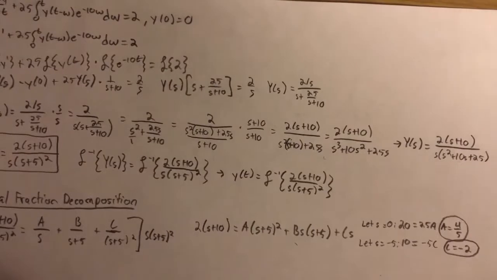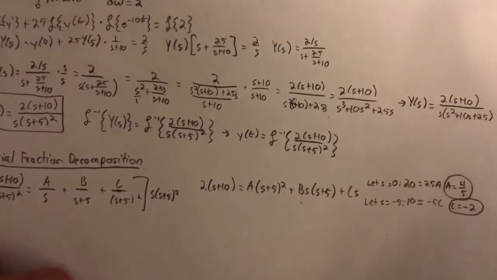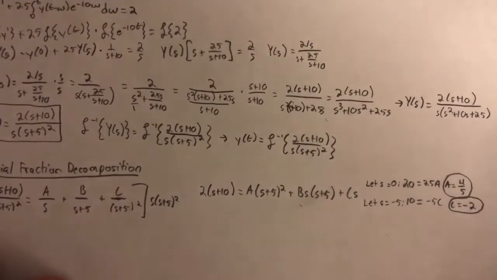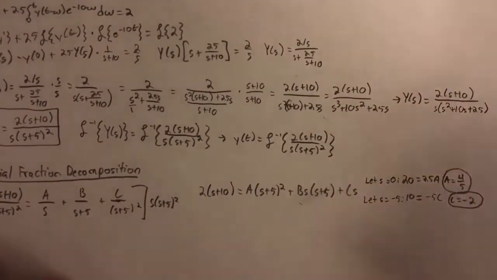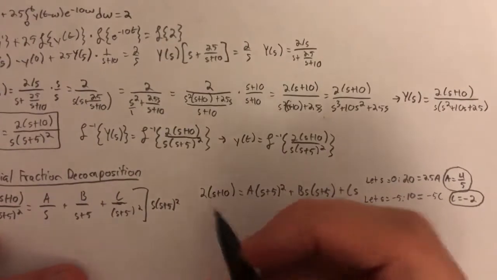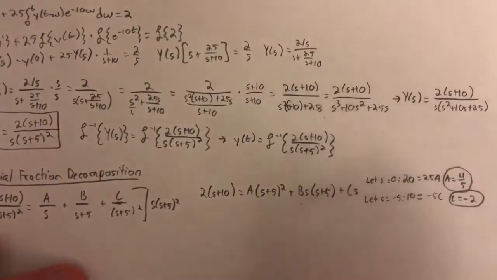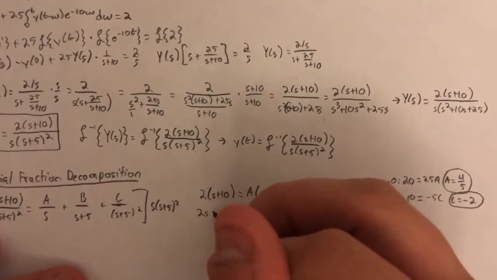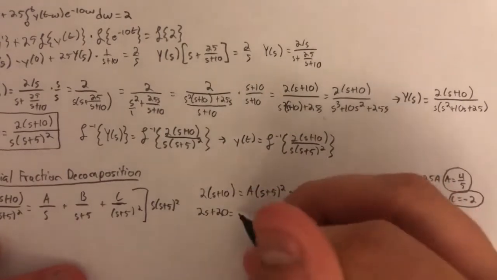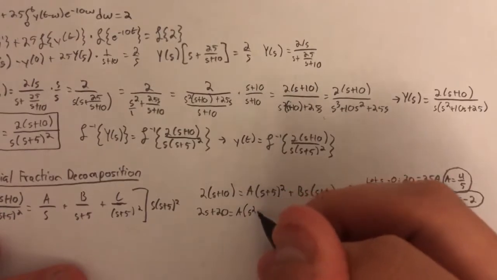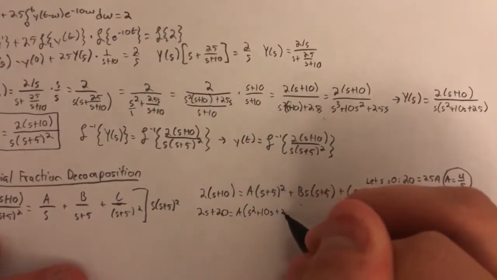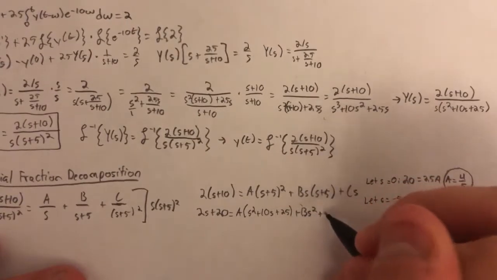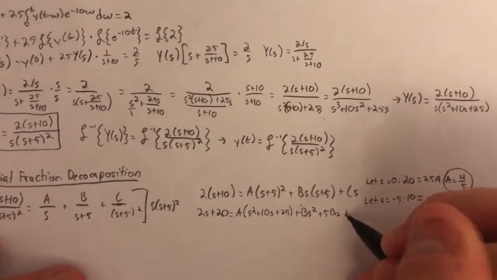So unfortunately, we can't set s equal to anything to find what b is, so we just have to do good old-fashioned substitution. So let's first rewrite this entire thing here. We get 2s plus 20 equals a times s squared plus 10s plus 25 plus bs squared plus 5bs plus cs.